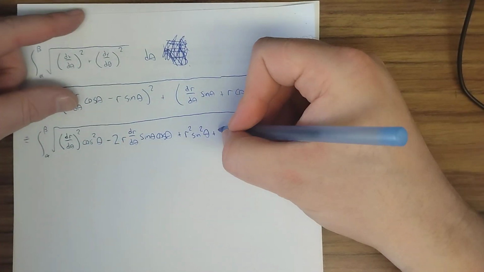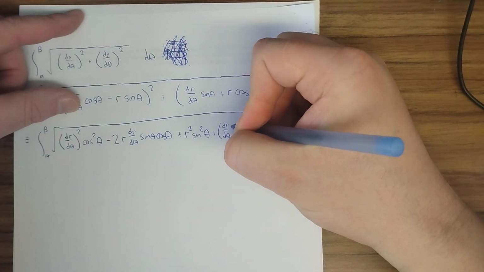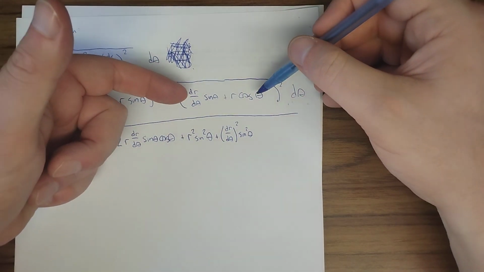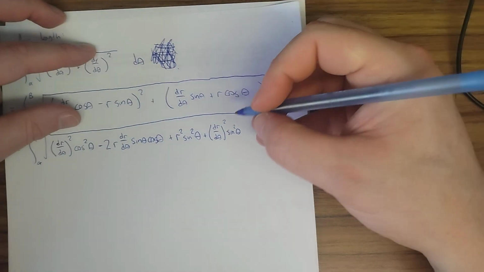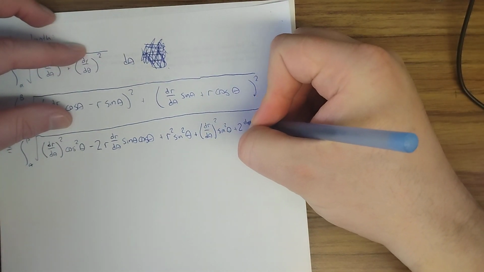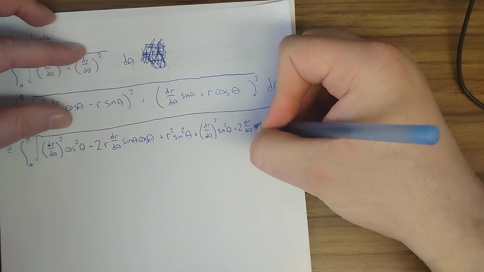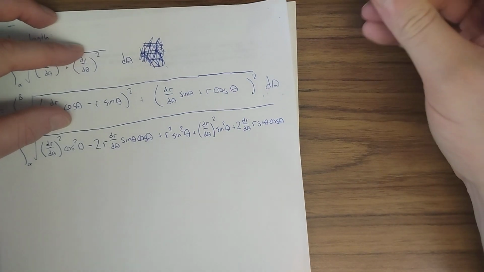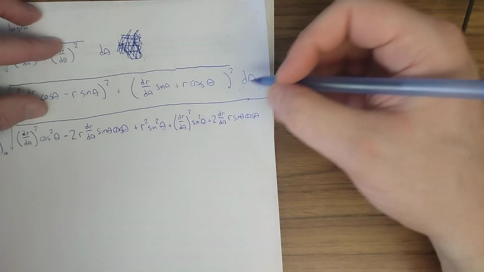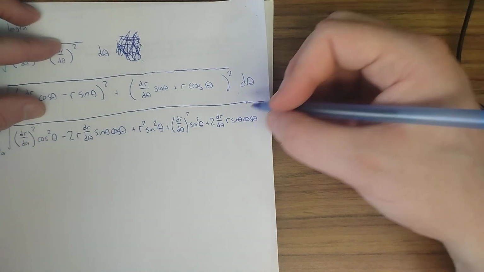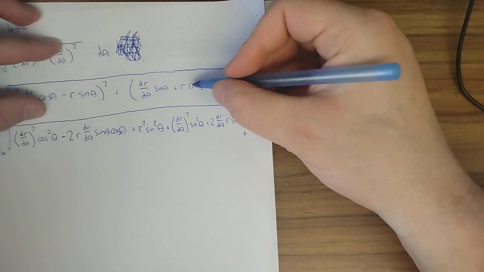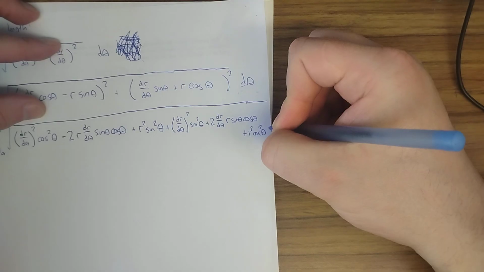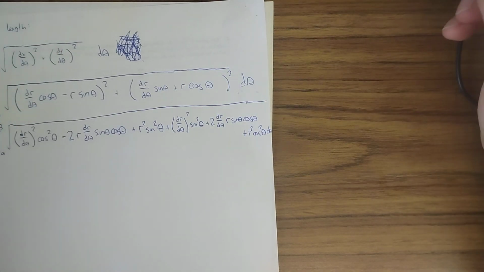I'm going to have this squared, so dr over d theta squared sine squared theta. I'm going to have 2 times this, so 2 dr over d theta r sine theta cosine theta. And then, forgive me, I'm just going to sneak this last term in there. It's just an r squared cosine squared theta, and then a d theta at the very end.